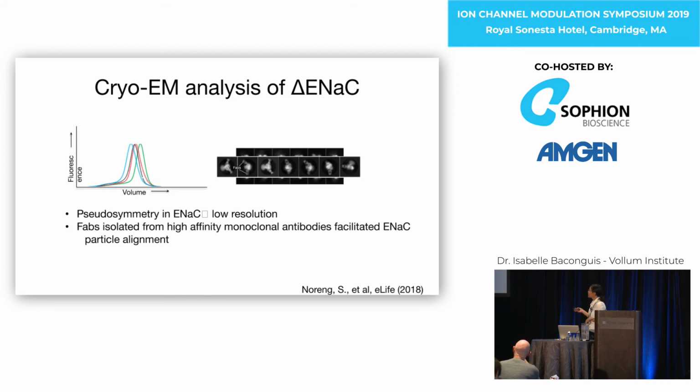And sure enough, what you see is more features, right? So you knew immediately that Fabs allowed for distinct features to come out, and so that really helped align the particles.